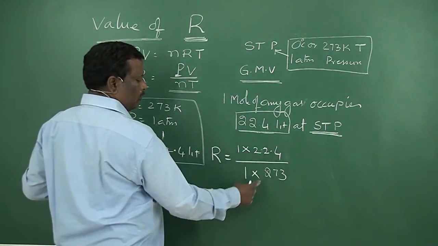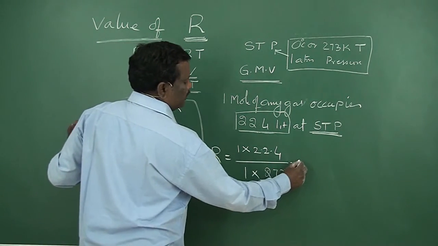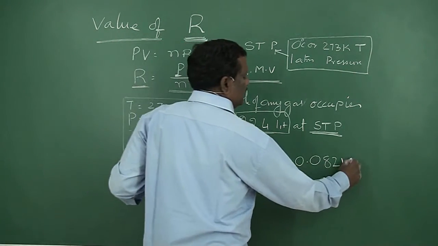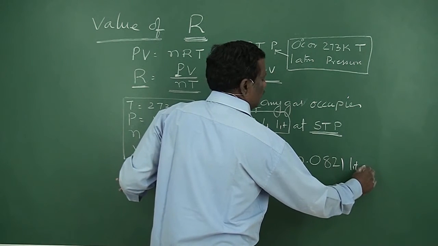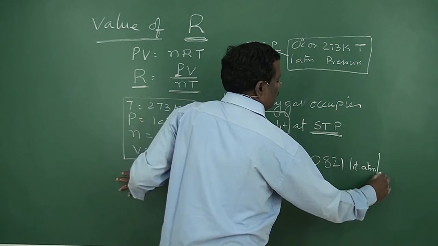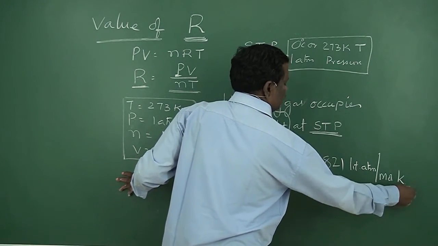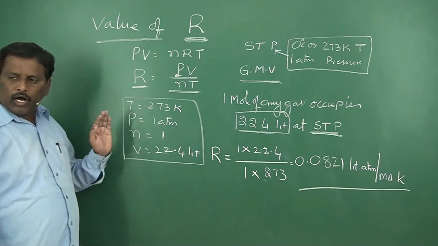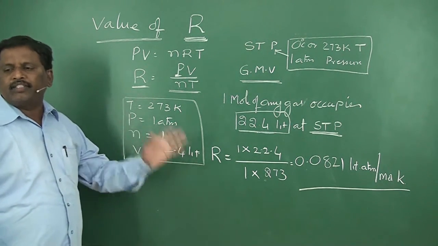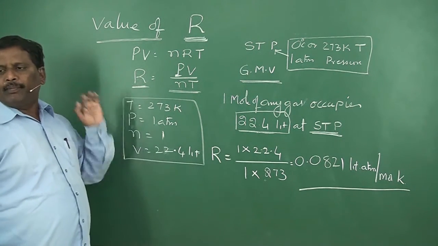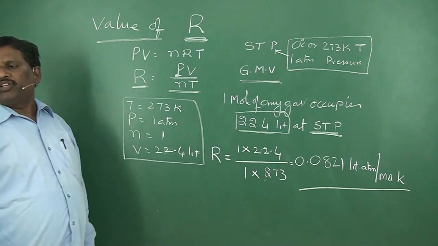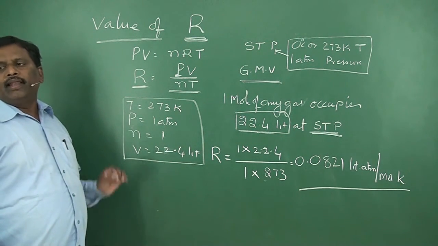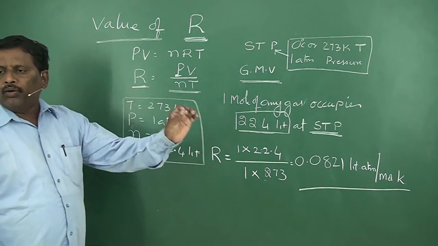So 22.4 by 273 will be 0.0821 liter atmosphere per mole K. That will be the R value. When pressure is expressed in atmospheres, volume in liters, and temperature in Kelvin scale, then you will get R value as 0.0821 liter atmospheres per mole K.